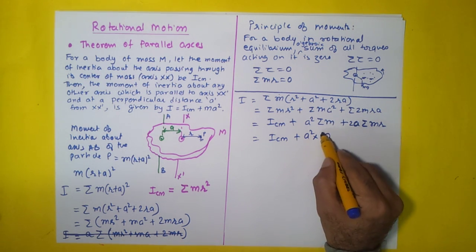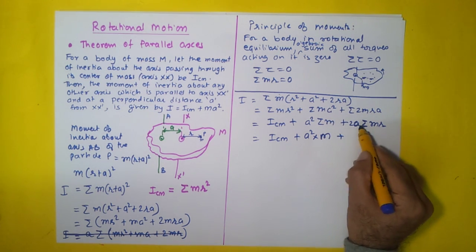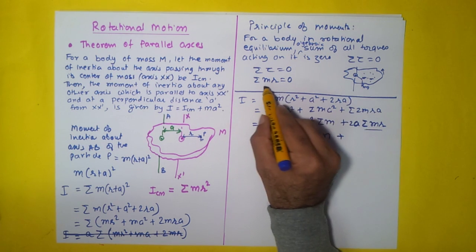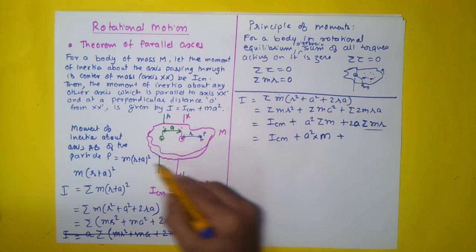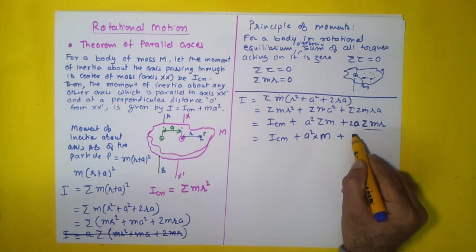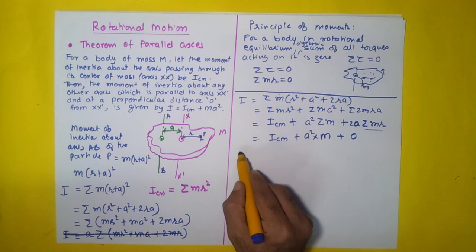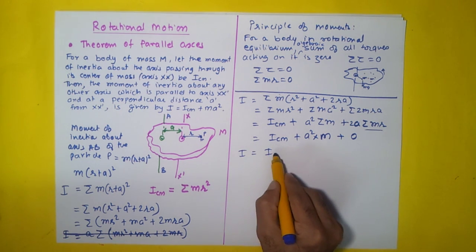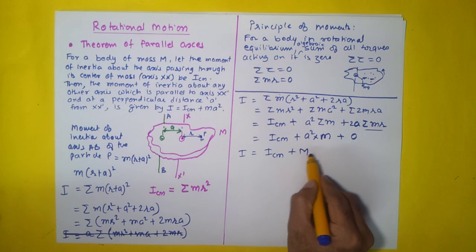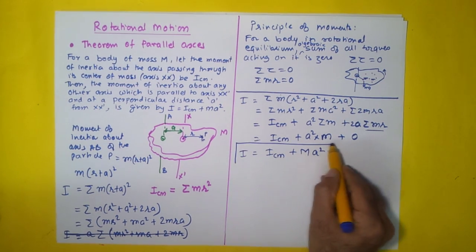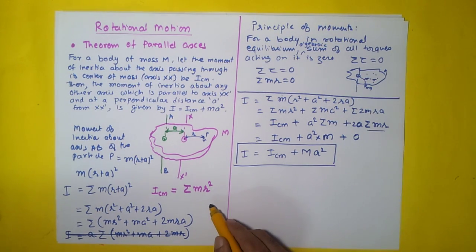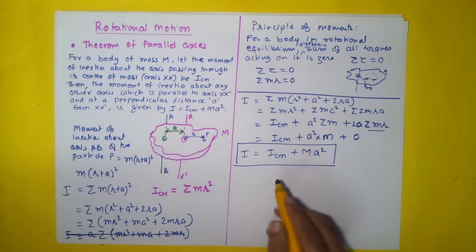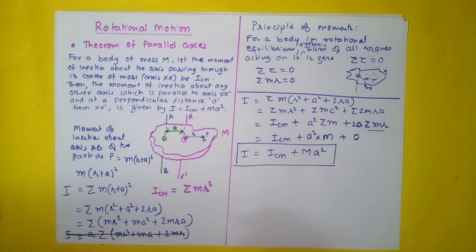So M, the total mass of the body, plus 2a sigma mr. As we saw, sigma mr is 0 because this body is in rotational equilibrium, so this term turns out to be 0, and therefore I get I is equal to ICM plus Ma square. So this is how the theorem of parallel axis helps us find out the moment of inertia of a body about an axis apart from the axis passing through the center of mass.